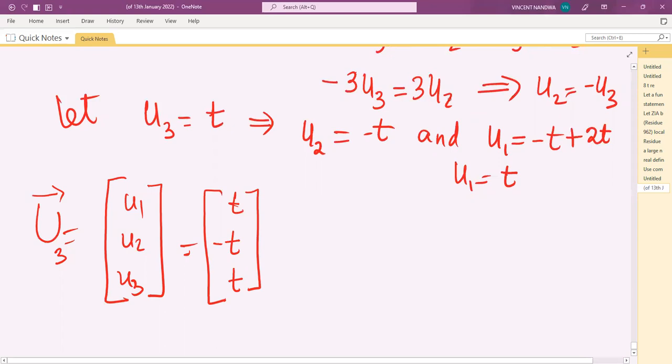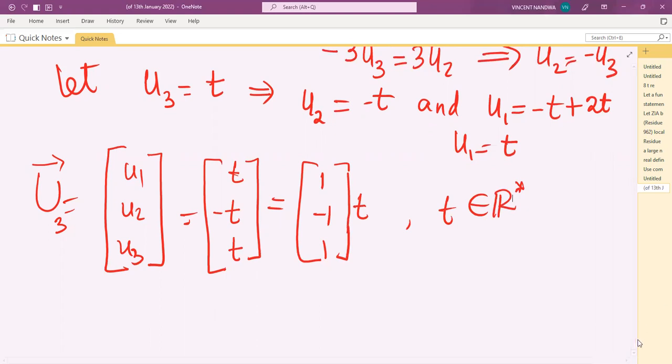So then I'll get this, factoring out T, as (1, minus 1, 1) T. This T is a non-zero real number.